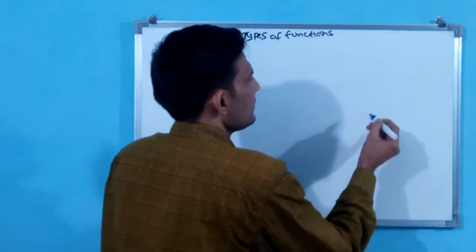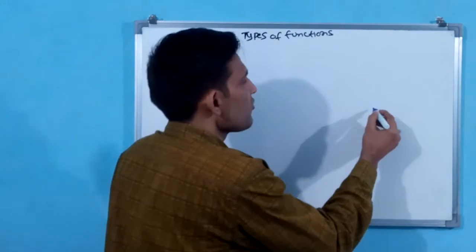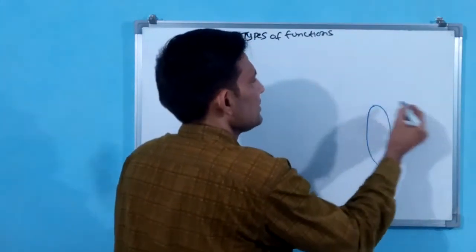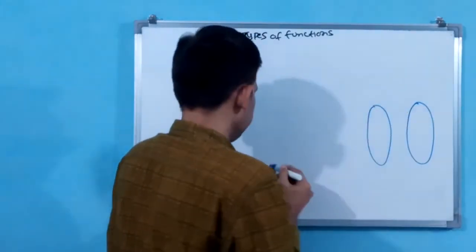Okay, see, relation with arrow diagram we were showing. This is a relation.